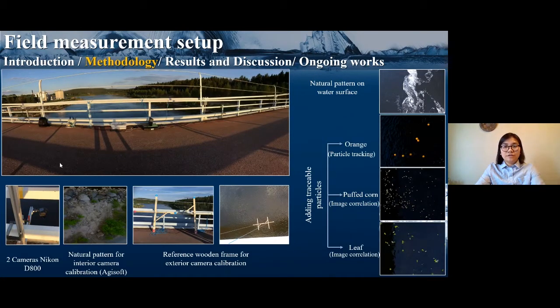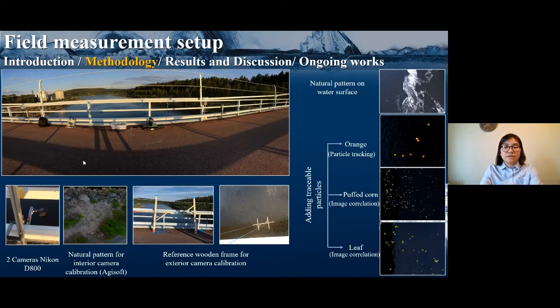The interior calibration is executed by capturing a natural pattern of the riverbank at a distance similar to the distance from the cameras to the water surface, and then analyzing it in ArcGIS to get the intrinsic camera parameters.